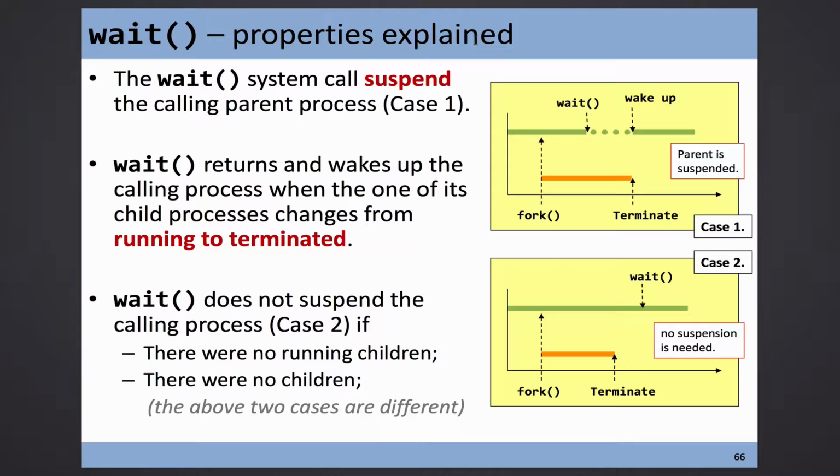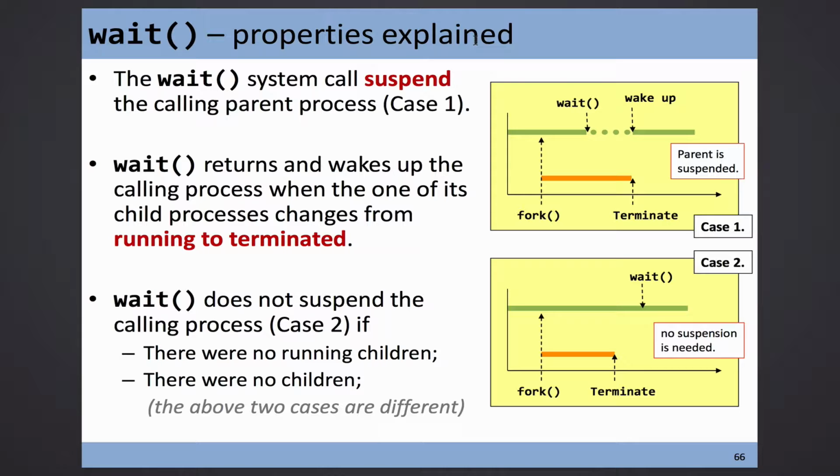So what happens for this guy? The wait system call is so carefully designed that if the caller, the green guy, finds that there is no running child, that also applies to the case of a child. If you are a child and you call the wait system call, and you don't have any running child, then you will be released.